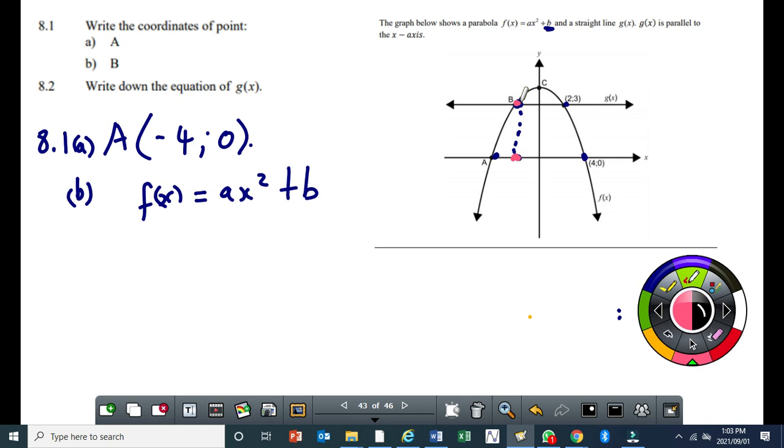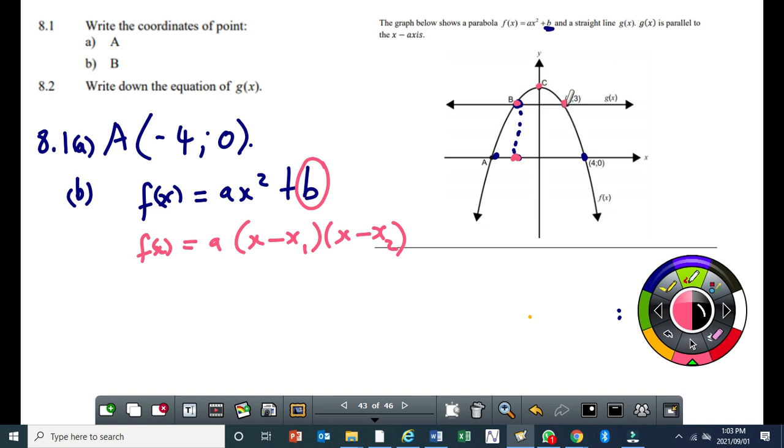We don't know the y-intercept, so we don't know the value of b. Therefore, it will be better to use f of x equals a times x minus x1 times x minus x2. We can only use this form because we don't know the value of y at the turning points here. Therefore, I'm going to use the coordinates at that point.